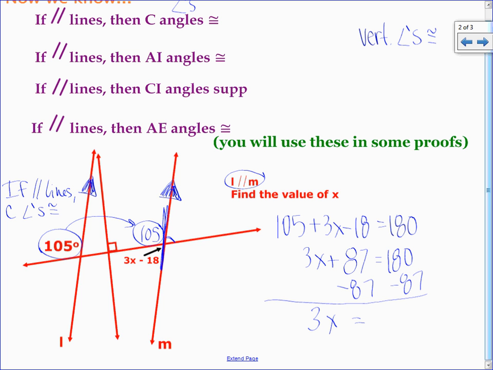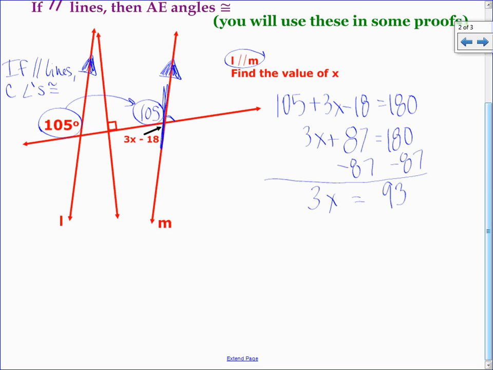So your answer. Questions on that? We're going to try a few more examples.